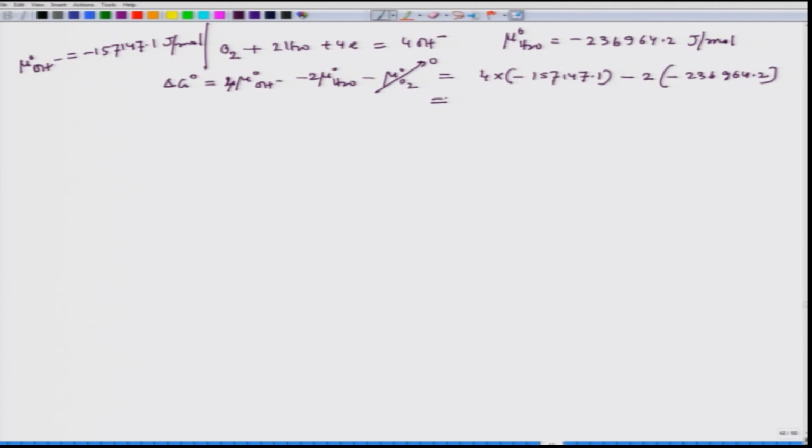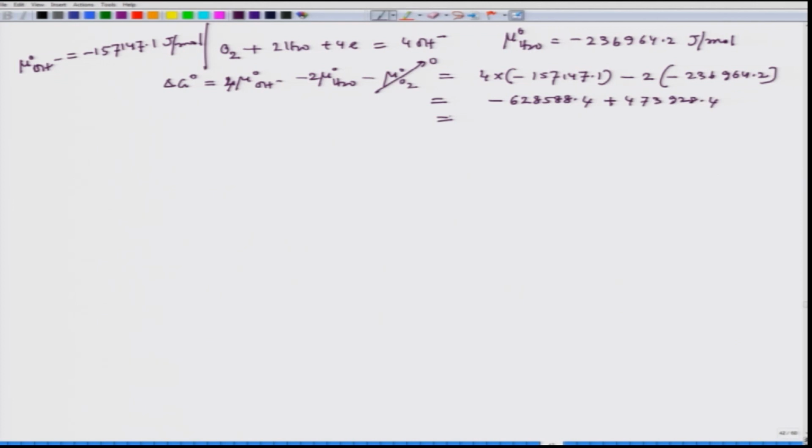If I try to find out those values, 2 into 236,964.2 equals plus 473,928.4, minus 4 into 157,147.1, which is 628,588.4.